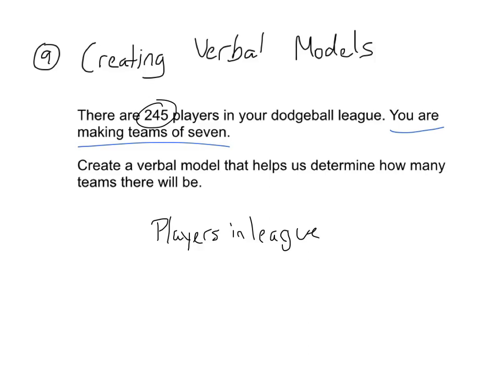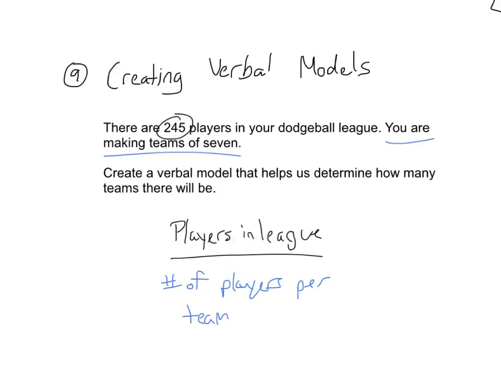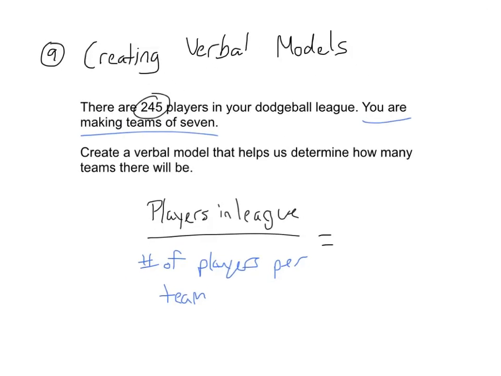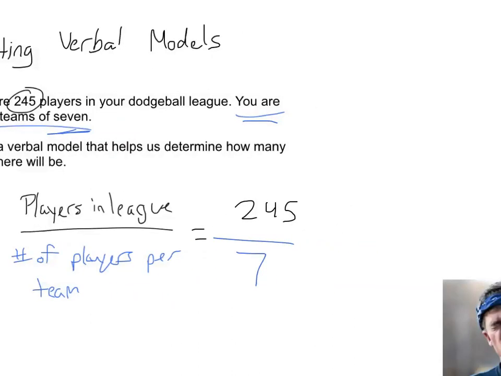We're going to take the players in the league and divide that by the number of players per team. So players in the league is 245. We're going to divide that by 7, and if you take 245 divided by 7, you get 35.